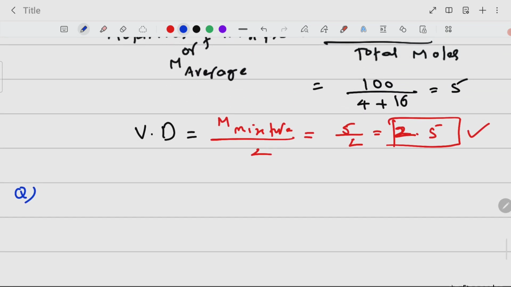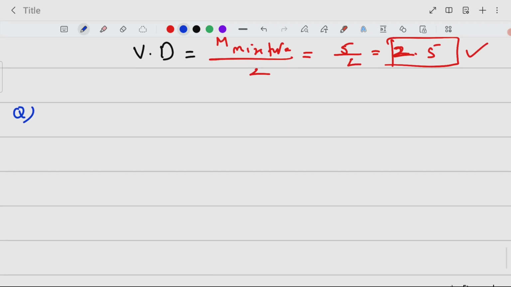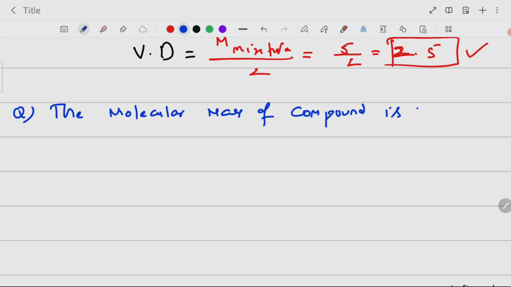Once look into this question and observe how it is calculated. The molecular mass of the compound is 75.